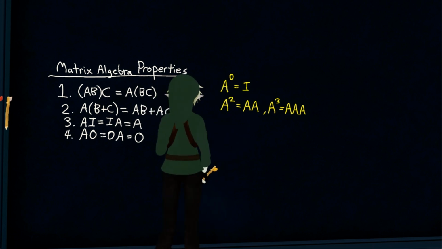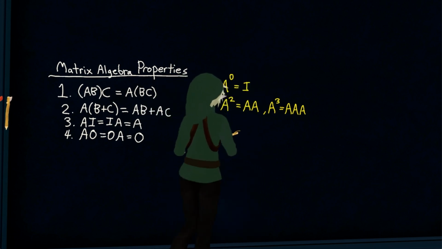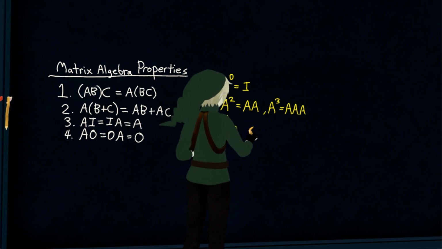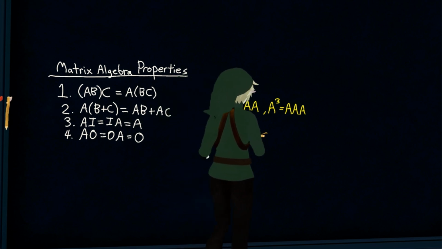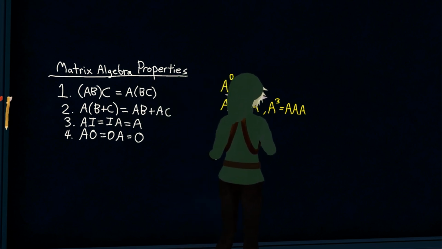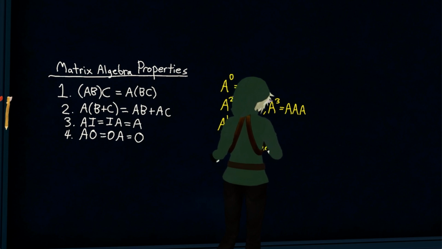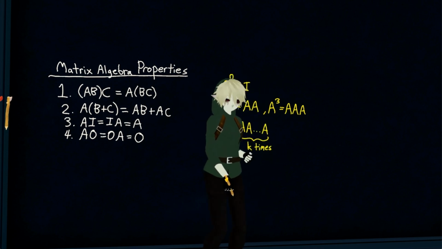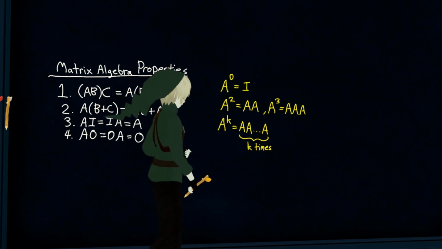That's what that means. And then you can do however many times you want. A to the power of k, where you could be multiplying it k times. That's what that means.